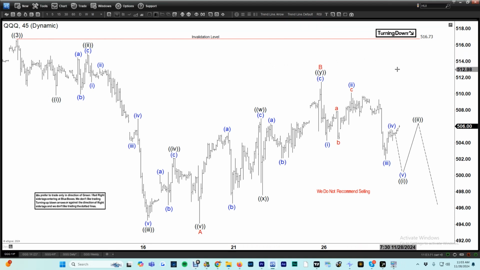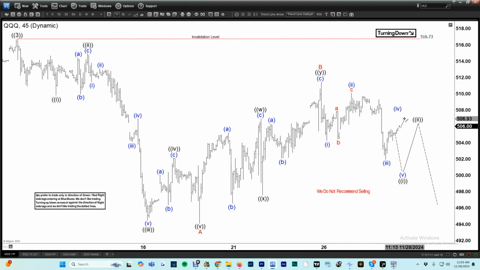Today is November 28 and the chart of the day is the QQQ, the Nasdaq ETF. It's a little bit of a tricky outlook here, guys.